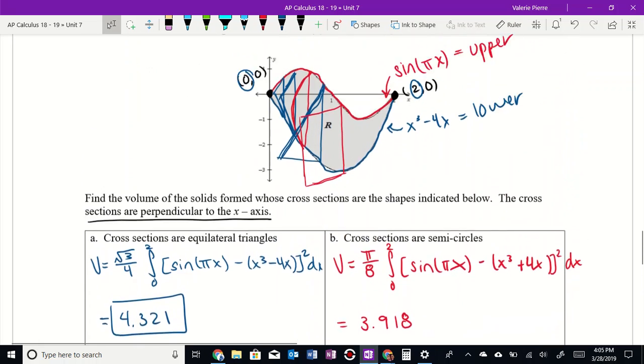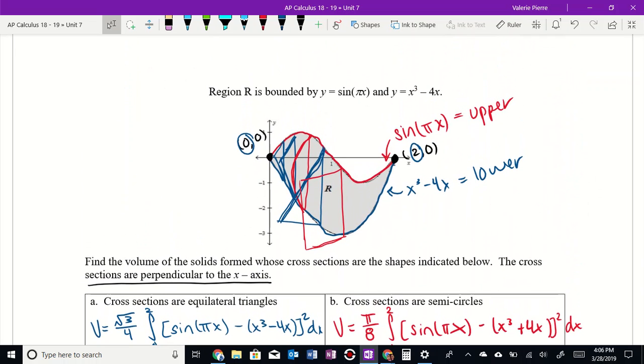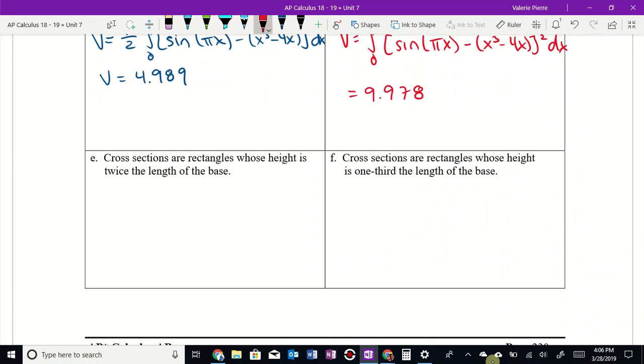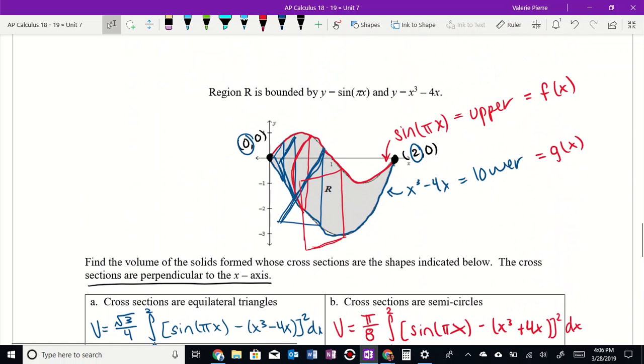So if we let sine x be our f of x function and x cubed to be our g of x function, then when we draw this, we can try to figure out what this is going to look like. So if I want a rectangle drawn here where the height is twice the length of the base, it's going to be a very long rectangle.